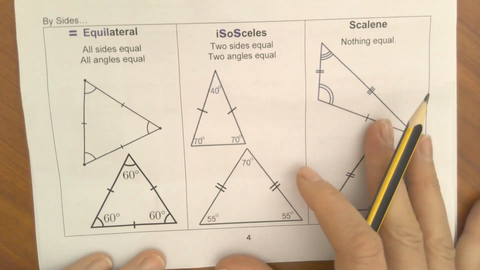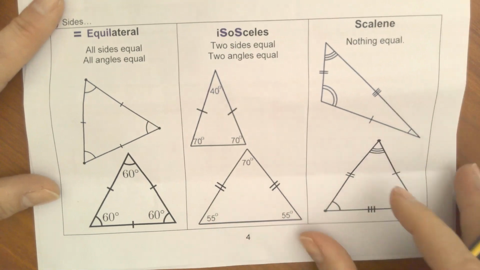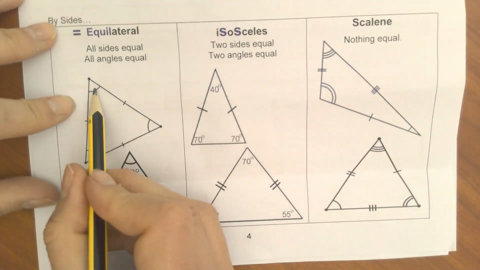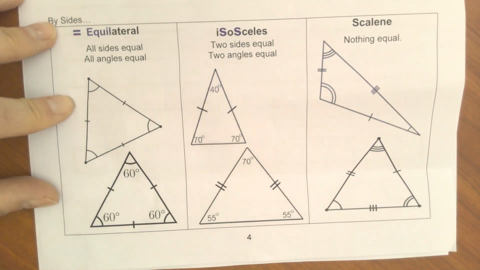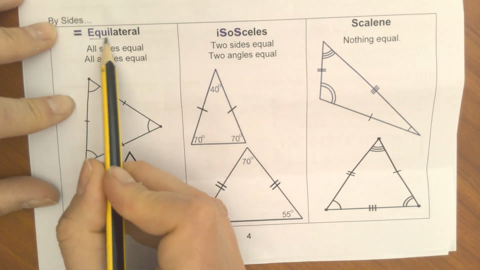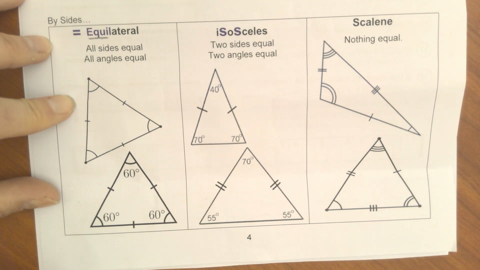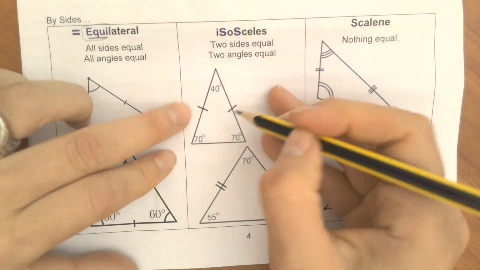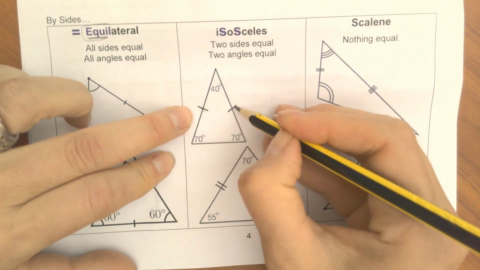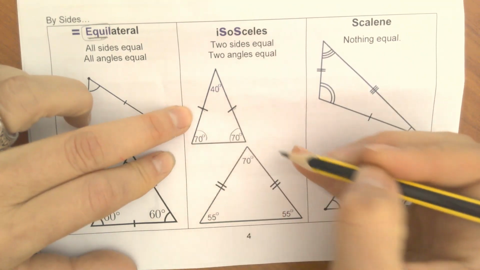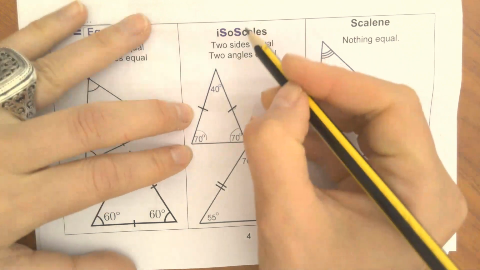Now, if we look at the sides, if all the angles and all the sides are the same, they're all equal, we call it an equilateral triangle, because we have the word equal in it. If we have two sides that are the same size, or two angles that are the same, then it's isosceles.